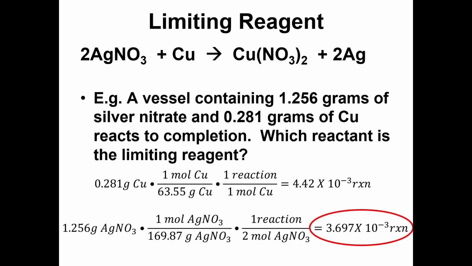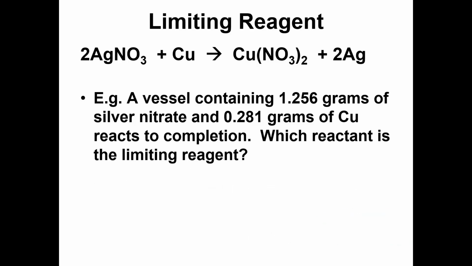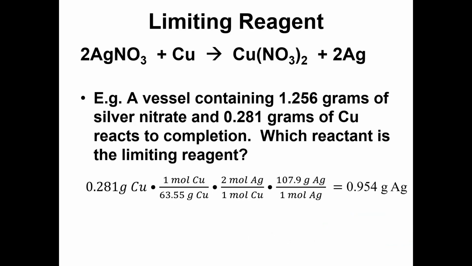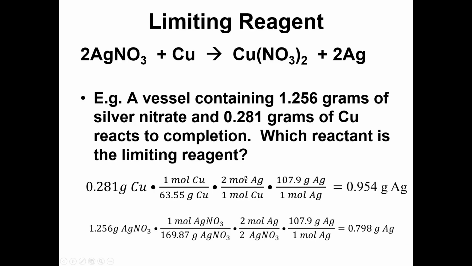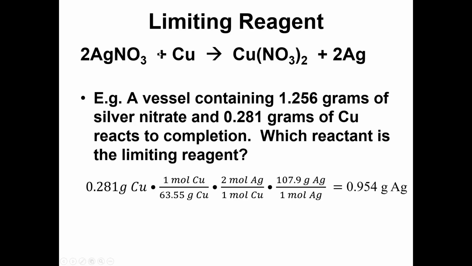3.697 times 10 to the minus 3 is less than 4.42, right? Okay. So you can also do it where instead of going one reaction here, I just use silver, right?